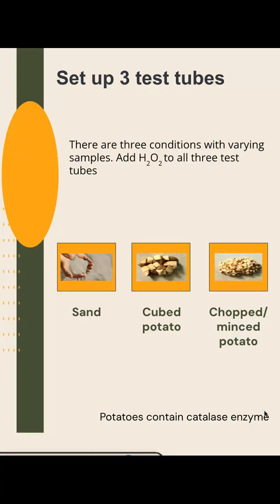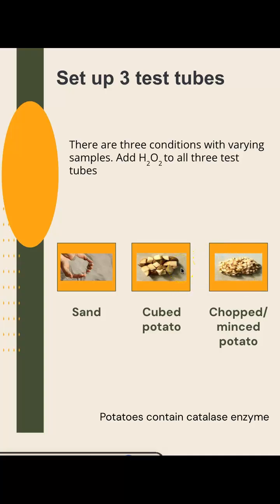And so we're going to set up 3 conditions. We're going to have our control condition, which is going to be sand. We expect that there should be no catalase in sand, so this should result in basically a negative response. And then we have 2 more conditions.